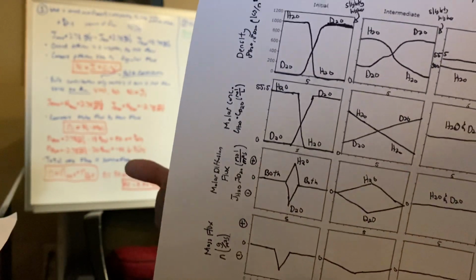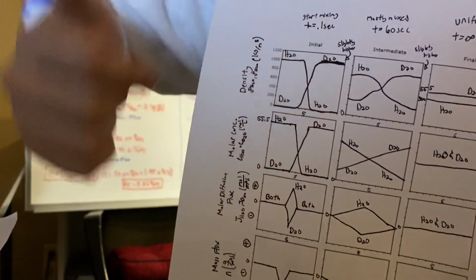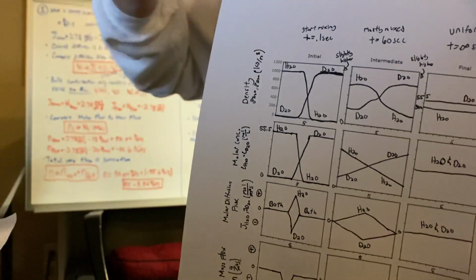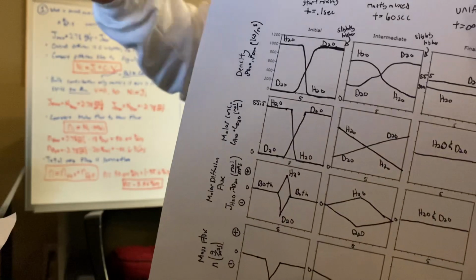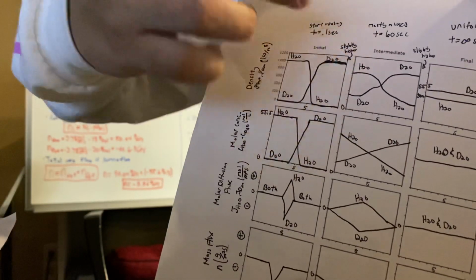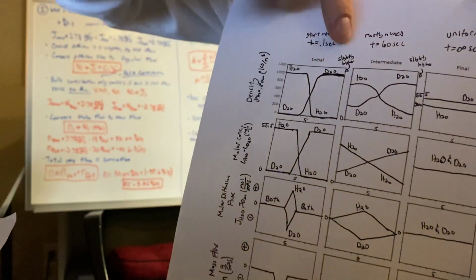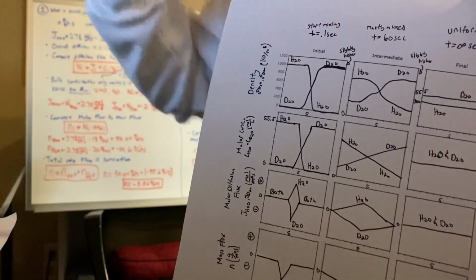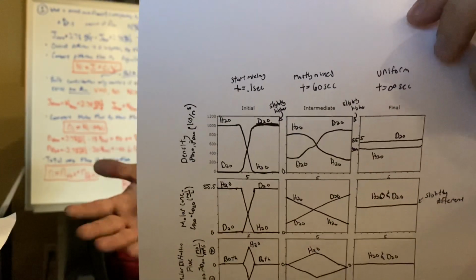So there's not a lot of mixing going on. The only mixing occurring is here in the middle. Once you get past that, on the right side, the other 4 centimeters is going to be the density of D2O, which I'll note is slightly higher than H2O. It's 1,110, while water is assumed to be 1,000.